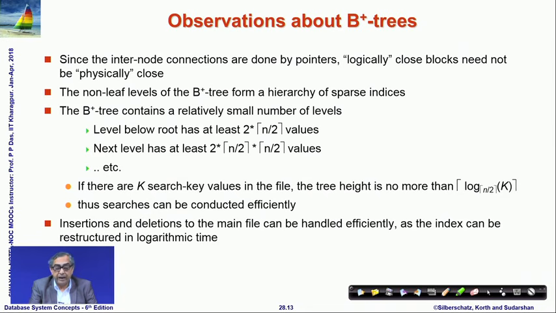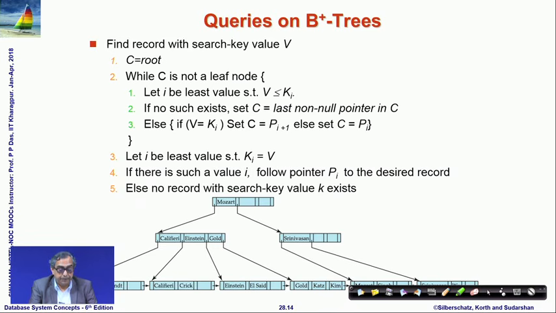So, the larger the n, the smaller is this value. The larger the node size, the smaller is the height, and therefore the number of access operations that need to be performed. So, insertions and deletions to the main file can be handled efficiently, as the index can be restructured in logarithmic time, as you have just seen.